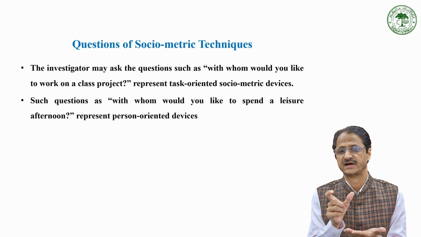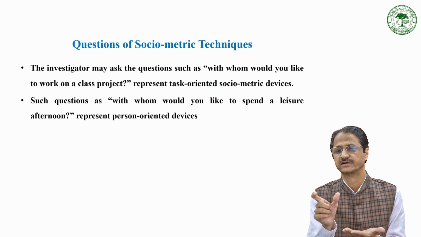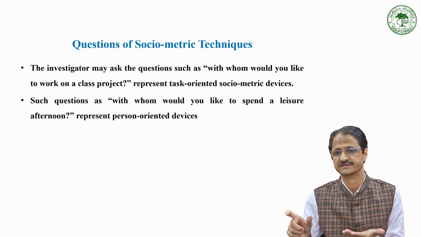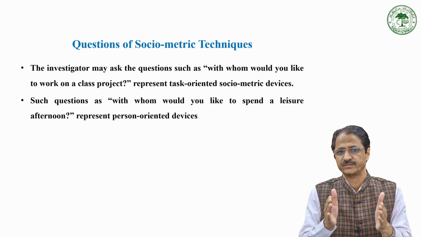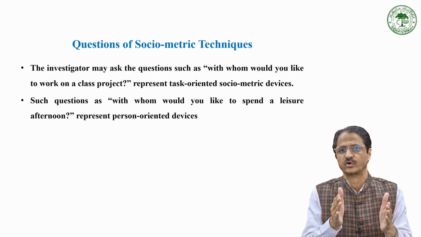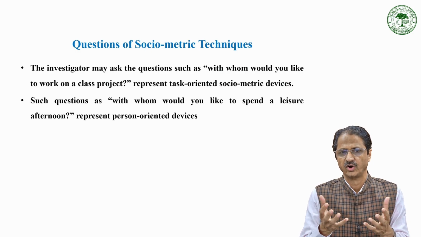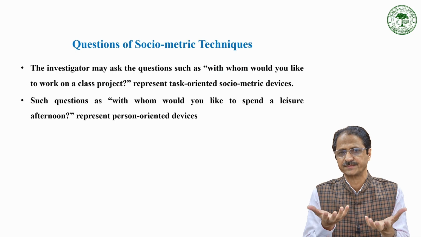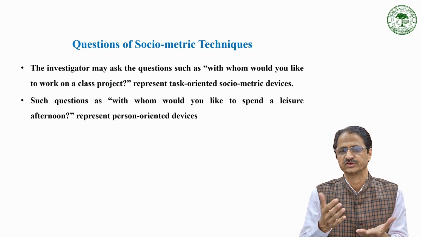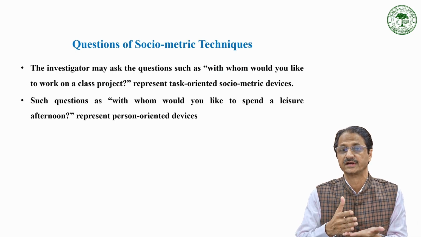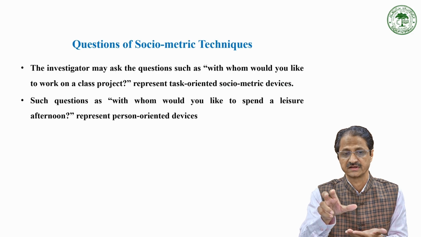This represents a task-oriented sociometric device. You want to know the type of cooperation and coordination among the members, or their acceptance or rejection, on this task-oriented approach, because class project is a task.